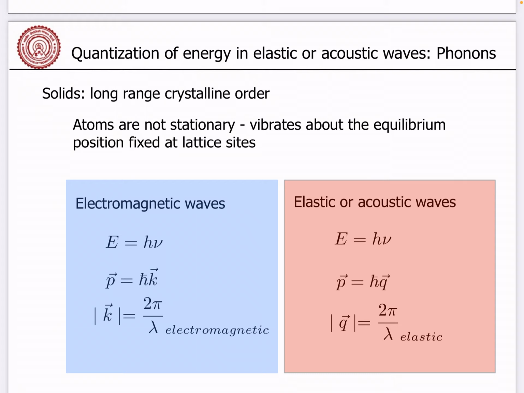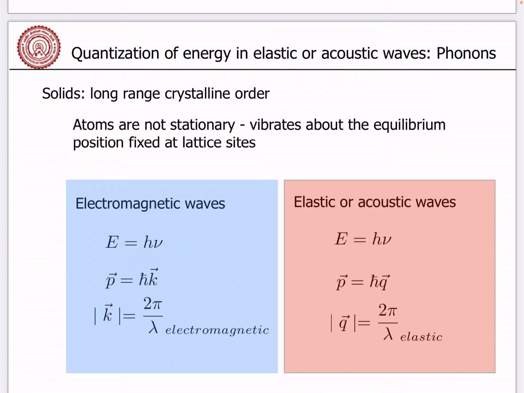As you remember, nowhere have we considered any vibration of the lattice, but in reality the atoms which are sitting at each lattice point are not actually stationary. Okay, so at any given temperature they vibrate about the equilibrium position, right?